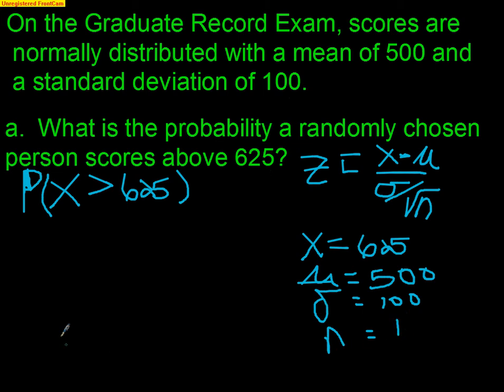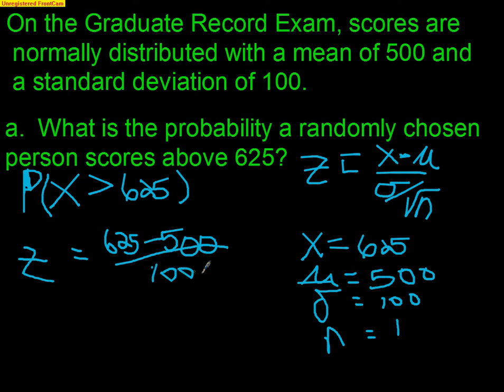We have Z is equal to 625 minus 500 divided by sigma, which is 100, divided by the square root of 1. This is Z is equal to, that's 125 divided by 100, which Mr. Hampton can do in his head, and it's 1.25.